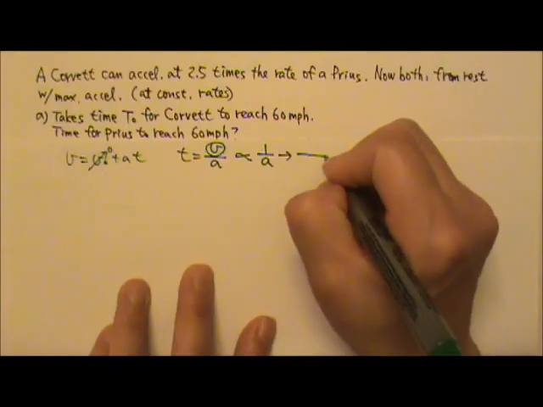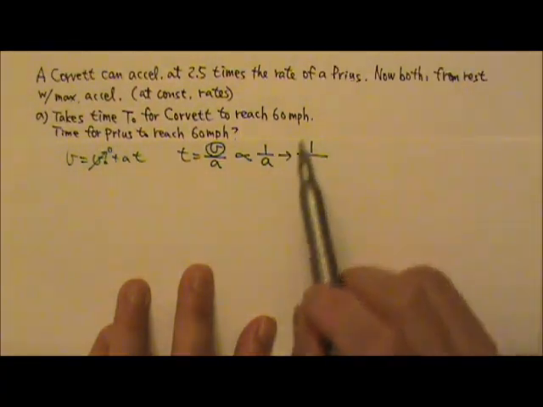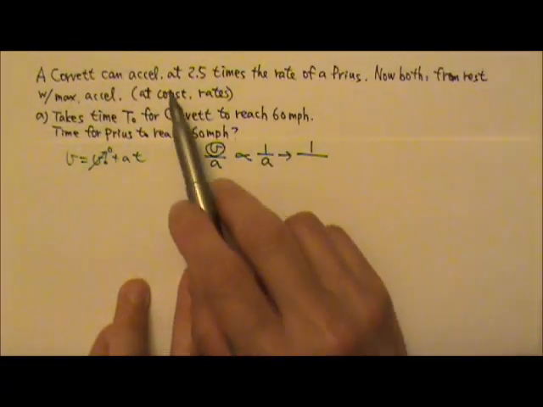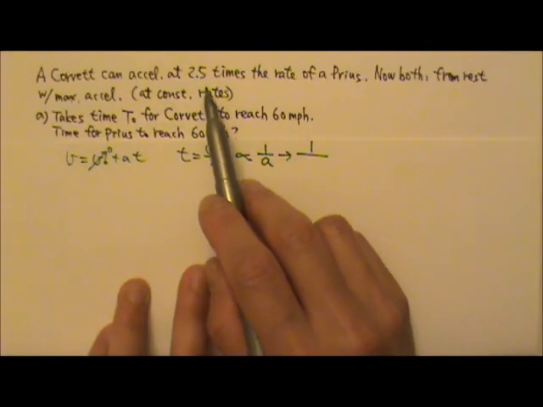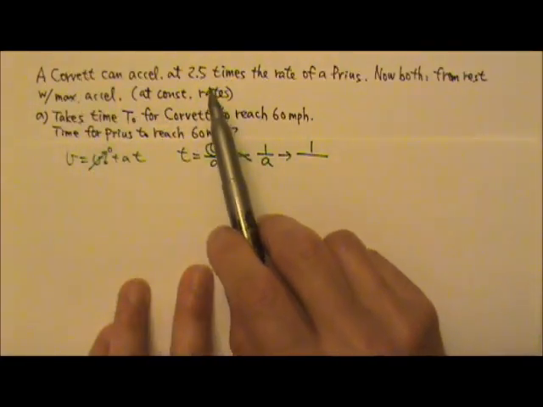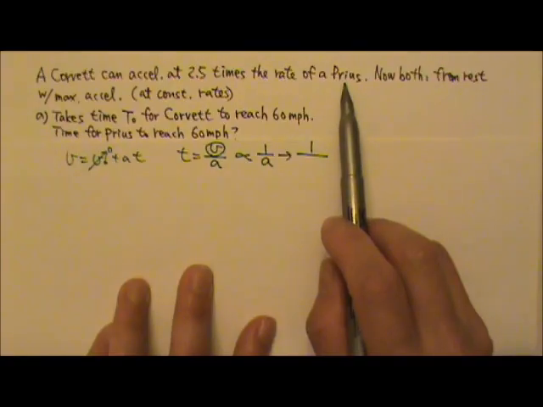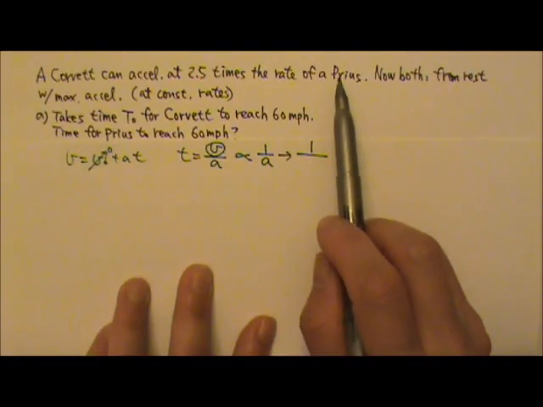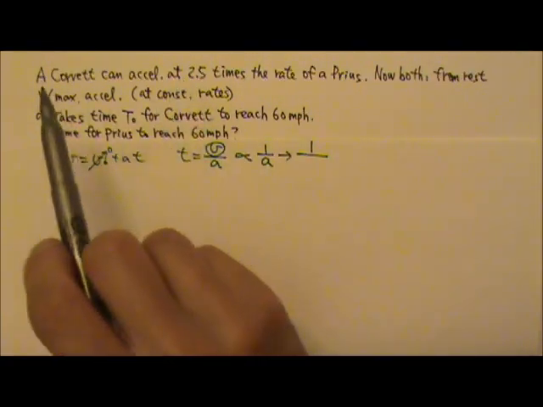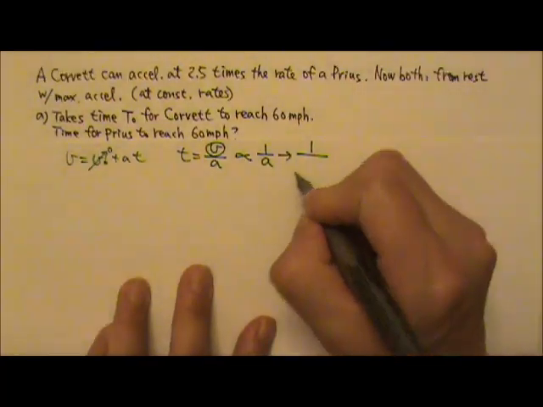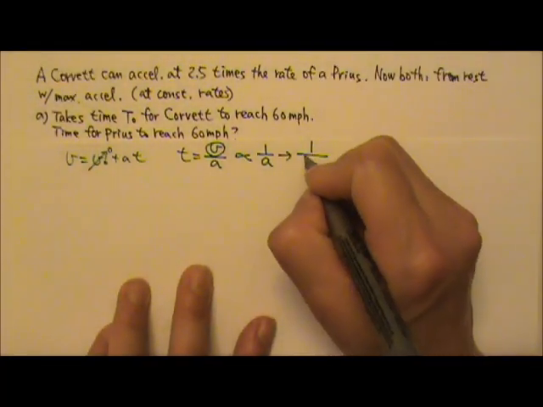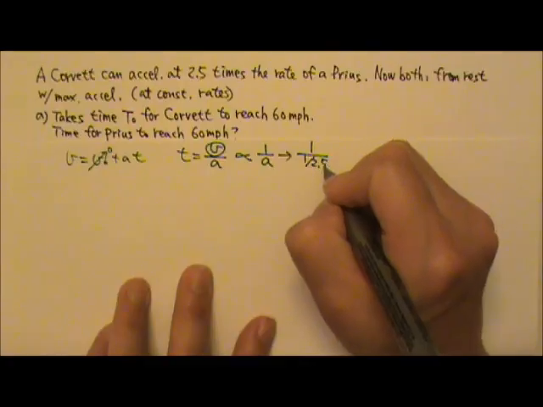And the acceleration for the Prius changes by a factor of 1 over 2.5, because the Corvette's acceleration is 2.5 times that of the Prius. So the Prius's acceleration is 1 over 2.5 times the Corvette's acceleration. So the acceleration changes by a factor of 1 over 2.5.